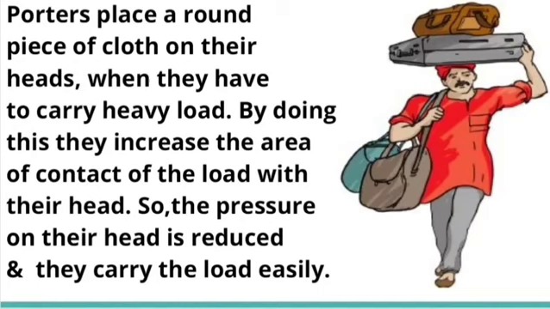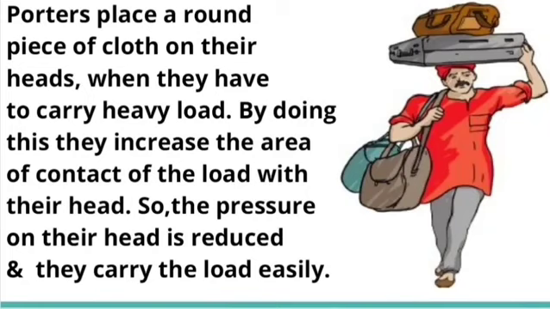by doing this, they increase the area of contact of the load which is on their head. They increase the area of contact of the load so that the pressure will be reduced. If area of contact is more, then pressure will be less.